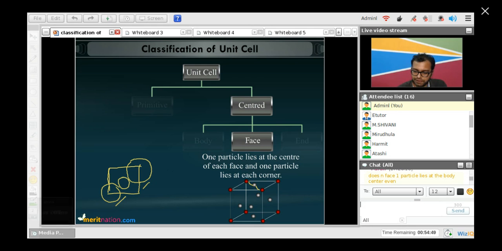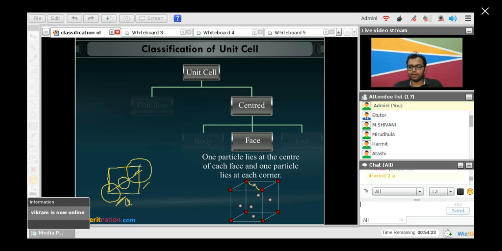If these atoms are touching each other, can anyone tell me what the relation is between the radius of the atom and the edge length of the unit cell in case of face center? 4r is equal to root 2a, right? How can you see that?